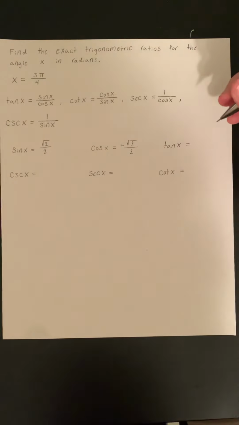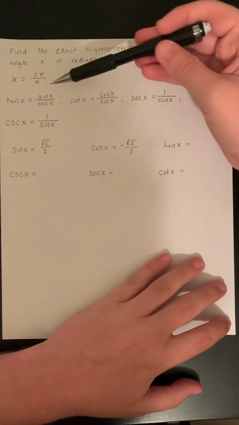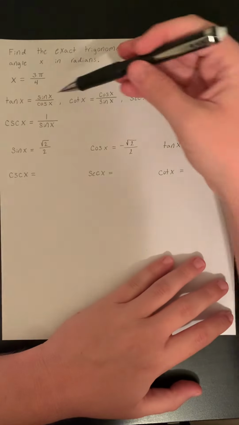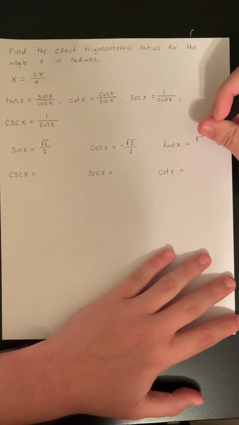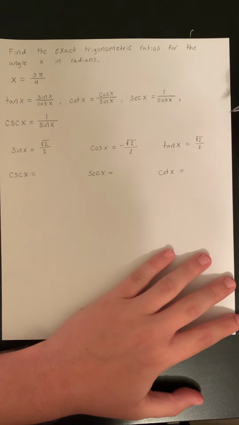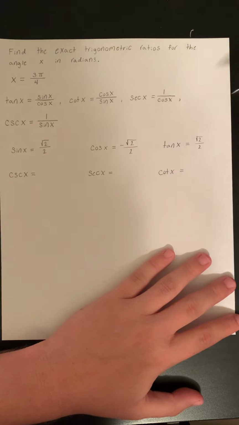And for tangent, this is a nice derived trigonometric function. It is simply sine of x over cosine of x. So sine of x is square root of 2 over 2, right here, over, so divided by cosine of x. So I'm going to go ahead and keep change flip.